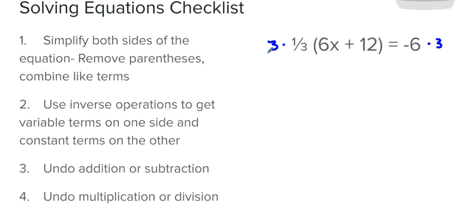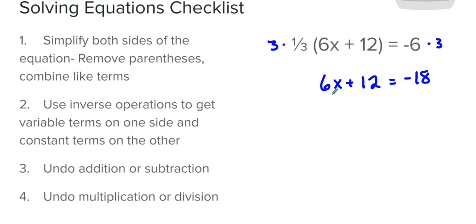So 3 times 1/3 is 1, which is just the same as having nothing on the outside of the parentheses. And then, since I multiplied the left side by 3, I'm going to multiply the right side by 3. I also could have done circles and rainbows if I wanted. That would have worked as well.